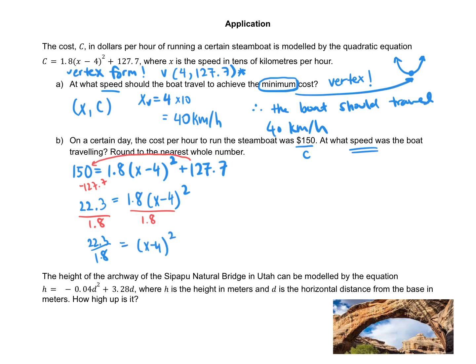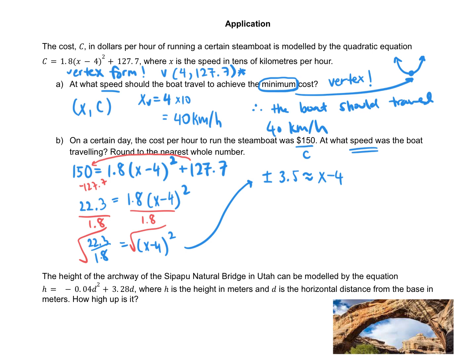Now, I can't go inside my bracket until I get rid of that exponent, so I'm going to square root both sides, remembering when I square root that fraction, it will be plus or minus the number. So when I square root it, I'm going to get plus or minus, and now I'm going to go into the decimal form. And I get approximately 3.5. And on the other side, the square root and the exponent of 2 cancel out.